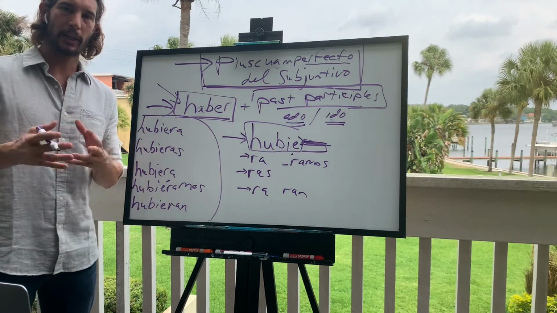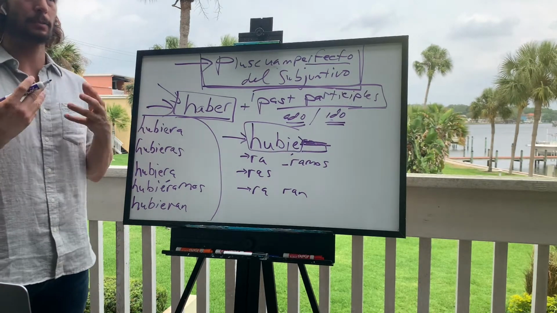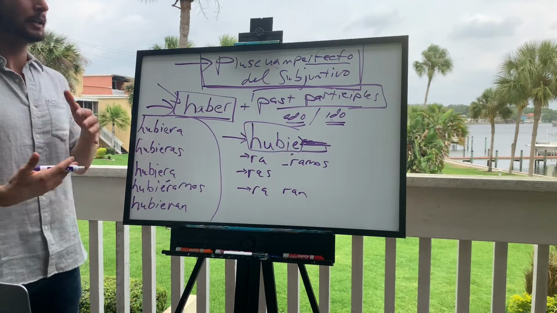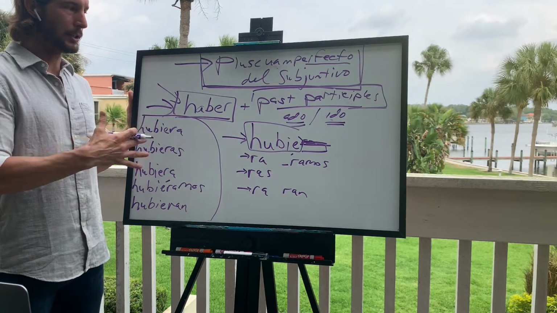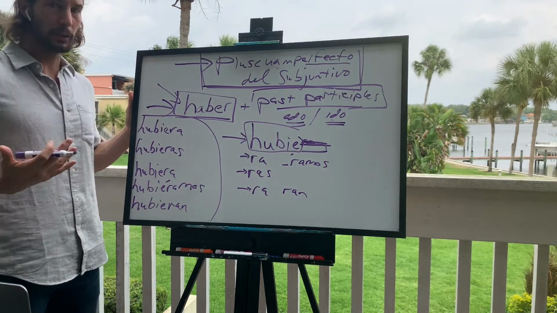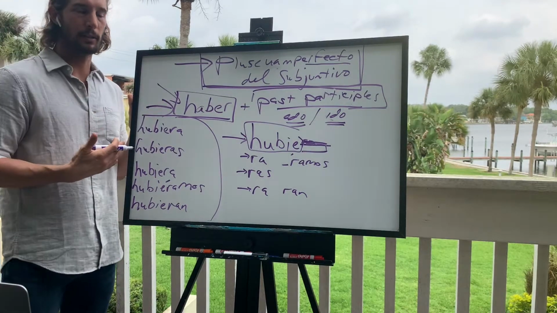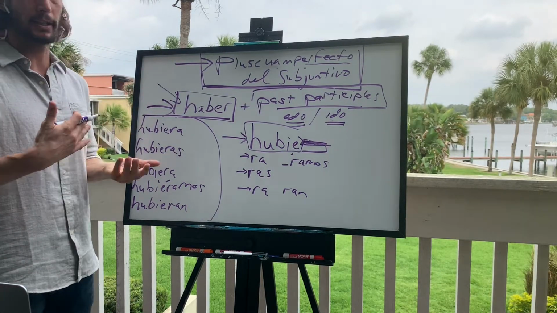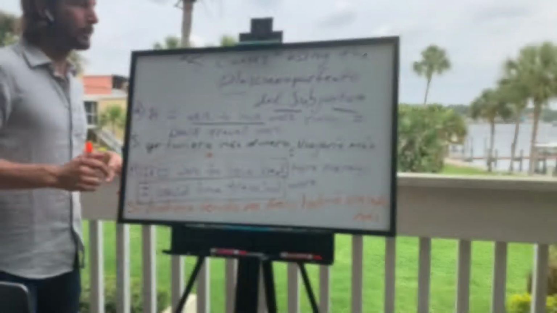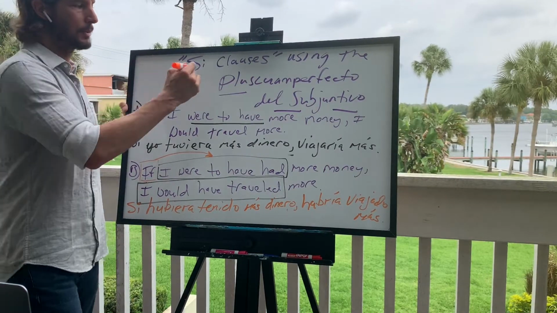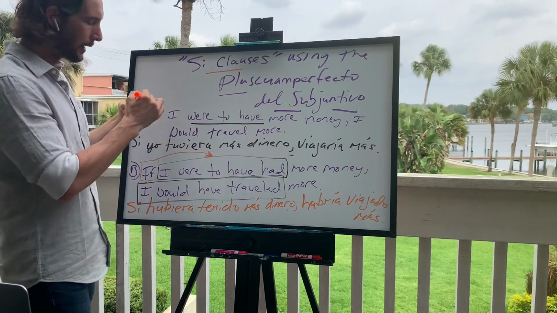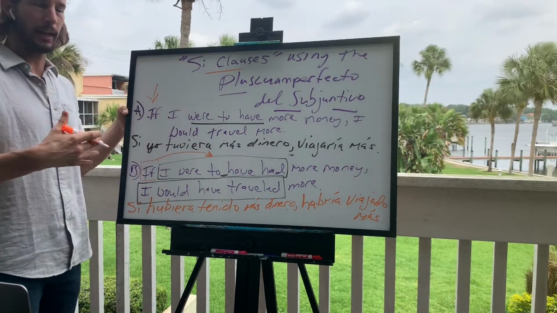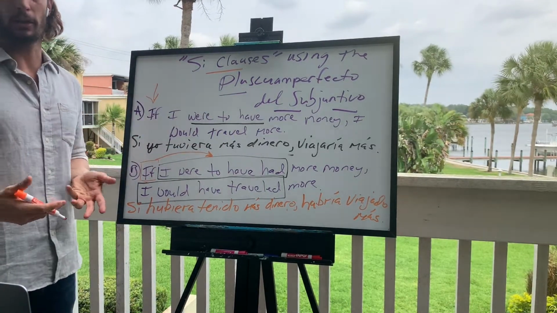And again, their translation, in much the same way as the past perfect indicative, is "had". It's going to function in that same way, but it's the subjunctive version, and there are reasons for using the subjunctive as opposed to the indicative, as we already know. The title here is Si clauses using Pluscuamperfecto del Subjuntivo, but as you can see, this is just a regular si clause, a hypothetical.